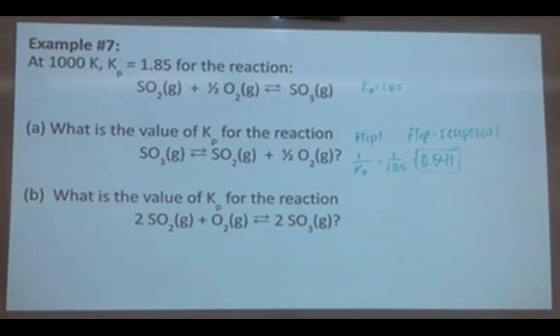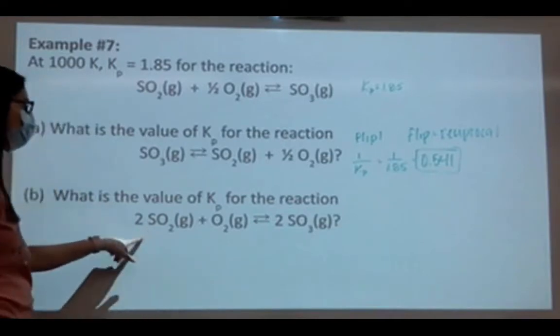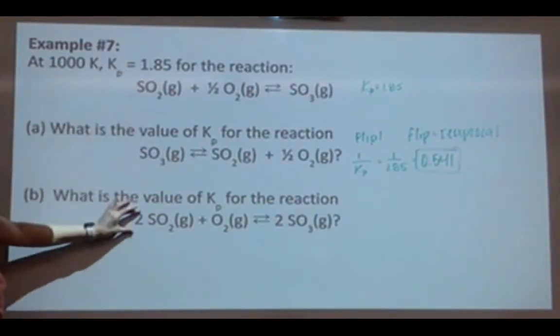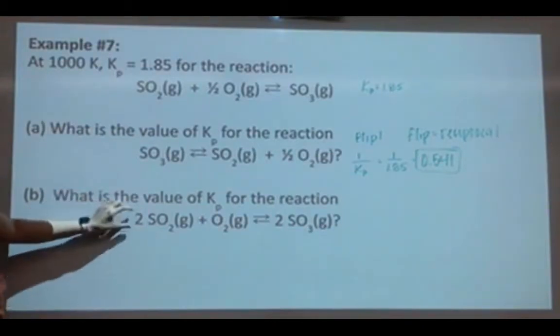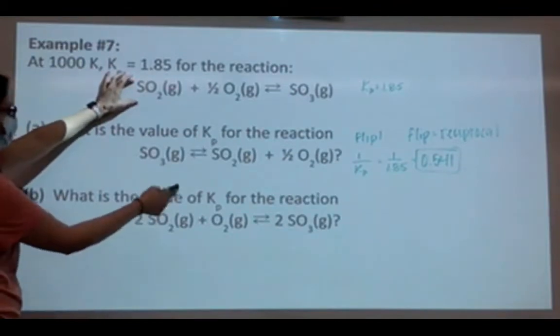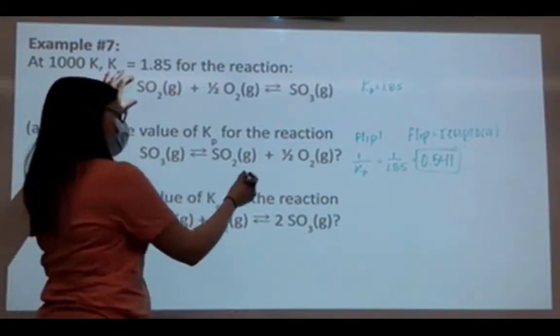Part B, what is the value of Kp for this reaction? So I'm going to go back to the original. Look down to this one. But what did we do to the original to get to this one? It's like we just multiplied it by 2.